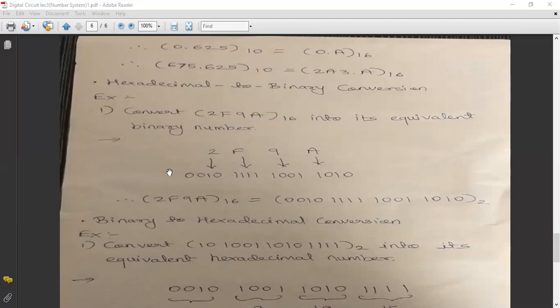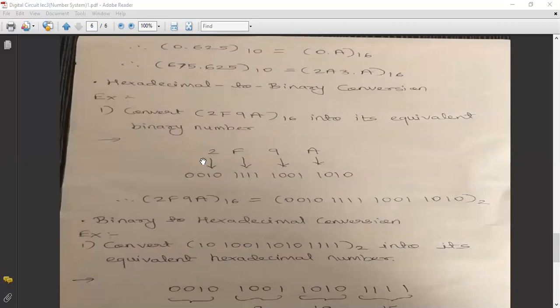Okay, further we are going to convert a hexadecimal number into its binary form. Let us begin with the example. We have to convert this 2F9A to the base 16 into its equivalent binary number. In the octal number, we made a group of 3 for each digit, but here we are going to make a group of 4.